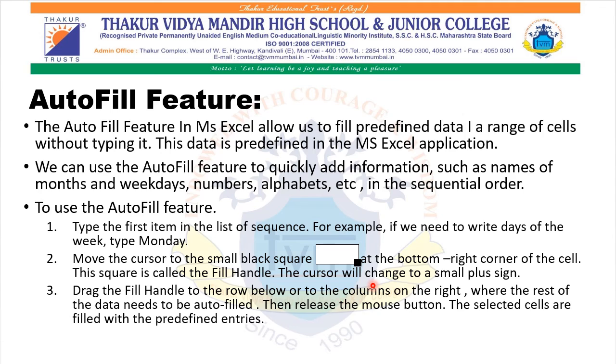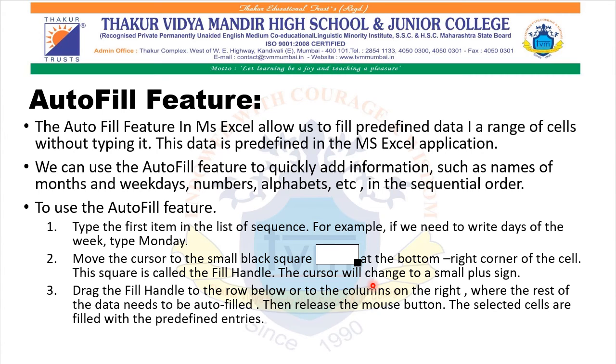You can autofill the data either in the rows, that is below the cell, or in the columns, towards the right side. Then release the mouse button once you are done. The selected cells are filled with predefined entries.